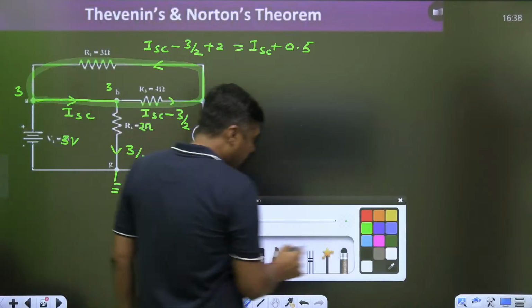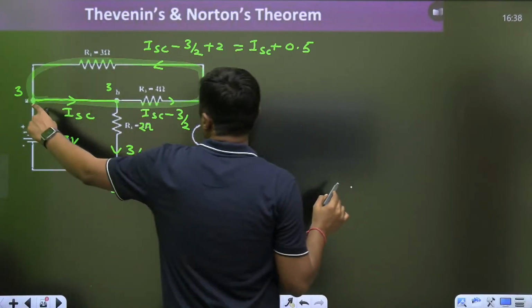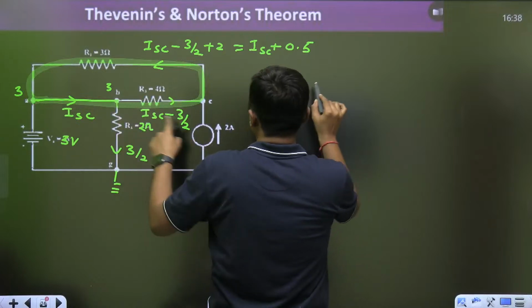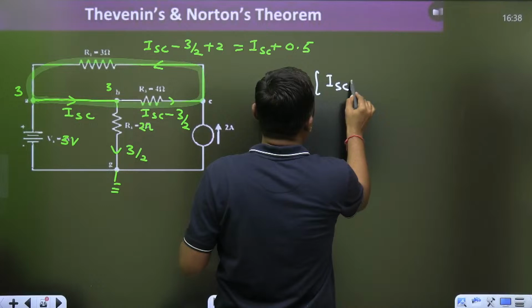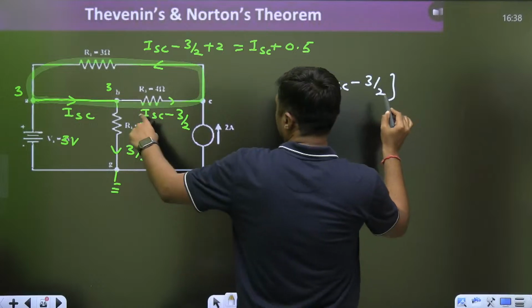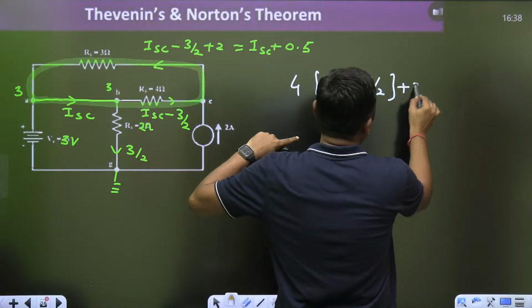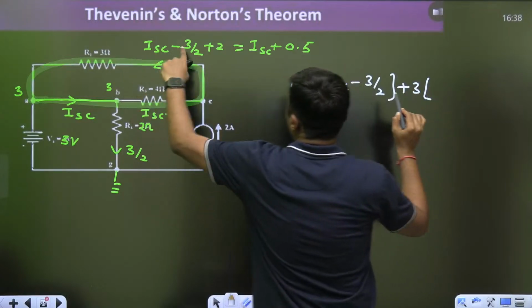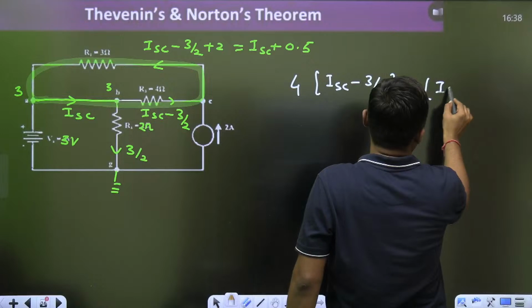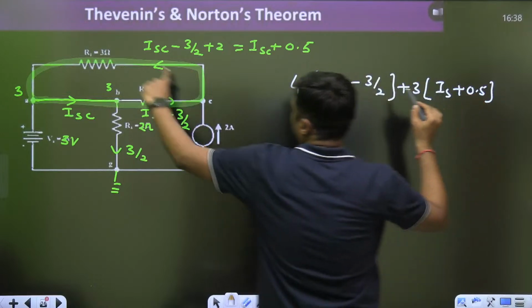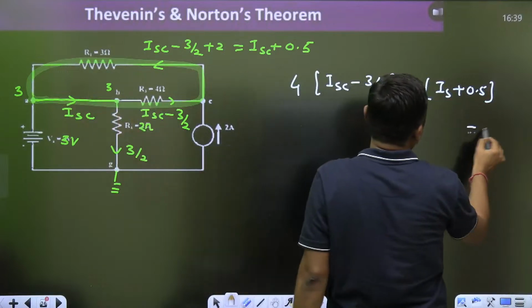When I apply the KVL, it will become 4 times of ISC minus 3/2, plus 3 times of ISC plus 0.5, and then 0 is equal to 0.